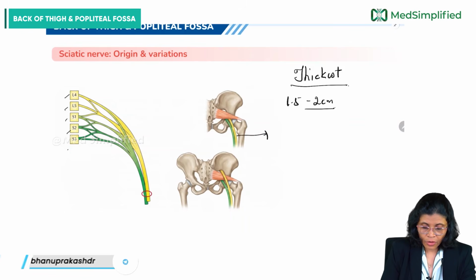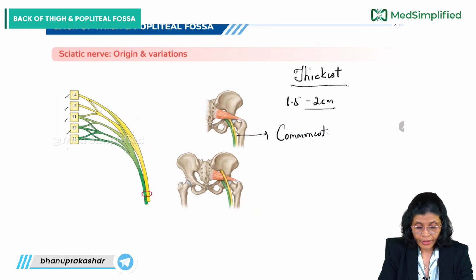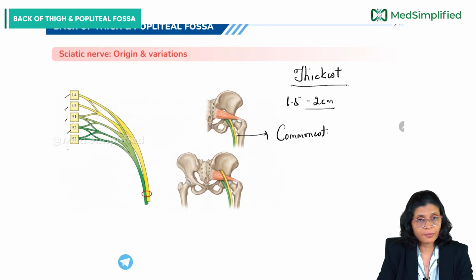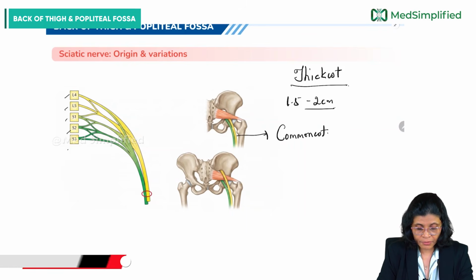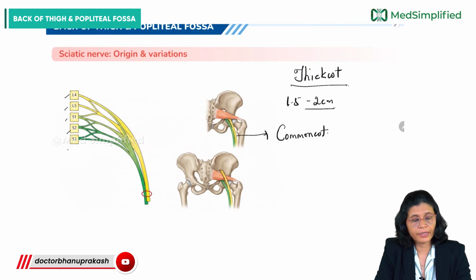So this is the commonest we see, okay. Whereas sometimes the two components can split, the tibial can come above the piriformis and one below the piriformis. So it can also be that way.